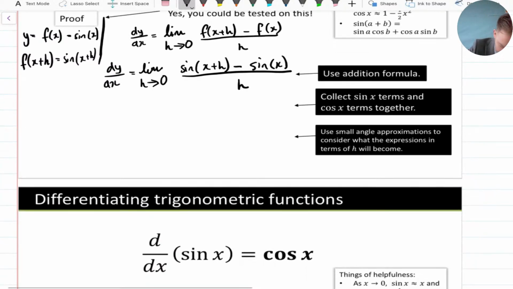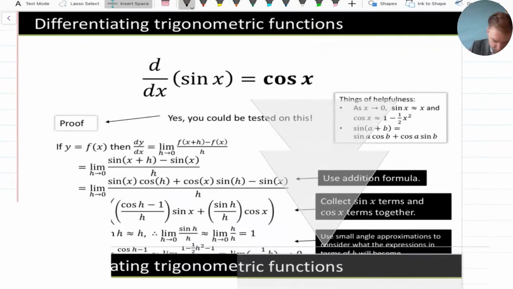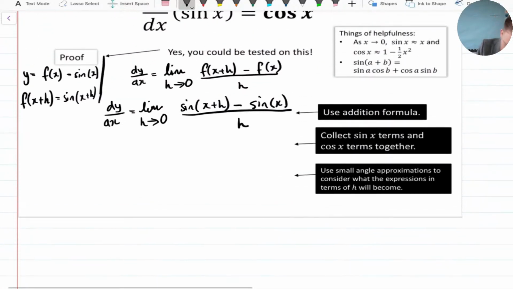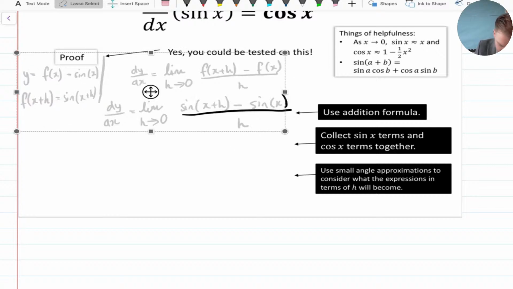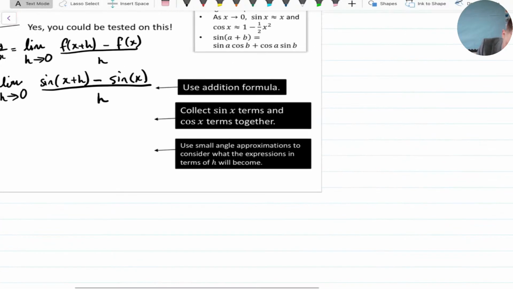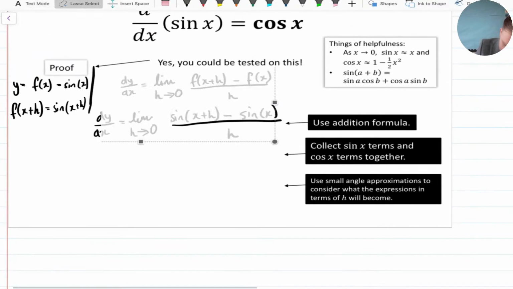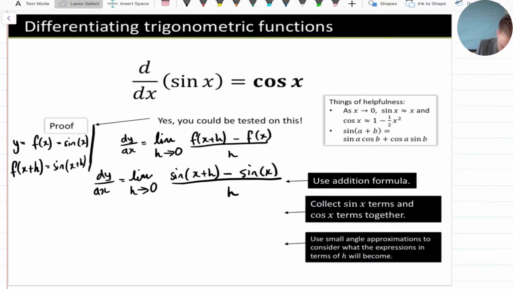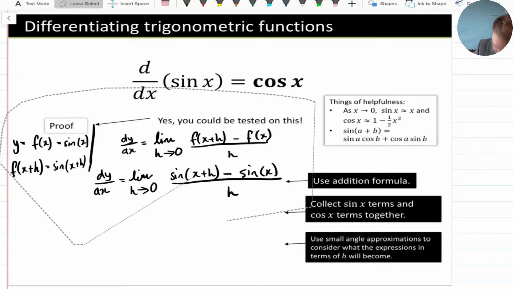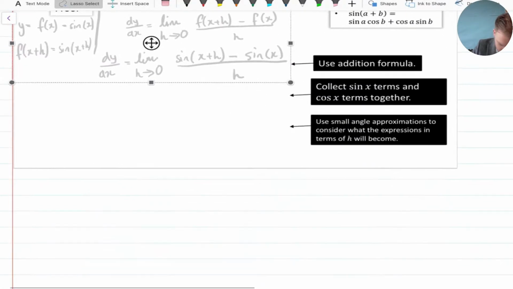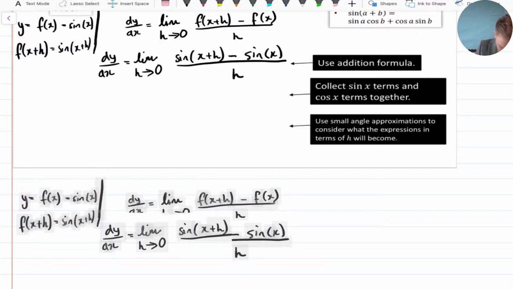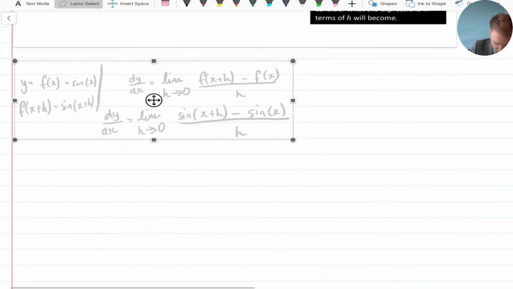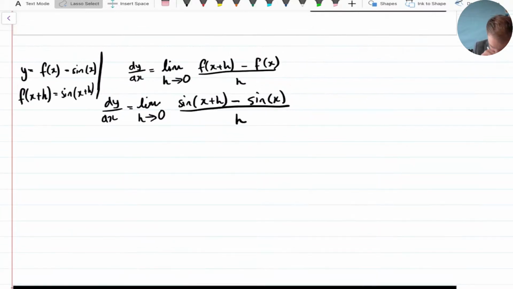Now, I am going to make this bigger because I want to see some more space here. So let's do it down here. Let's take all of this. I'm going to do it down here. So, I'm going to need some more space here.